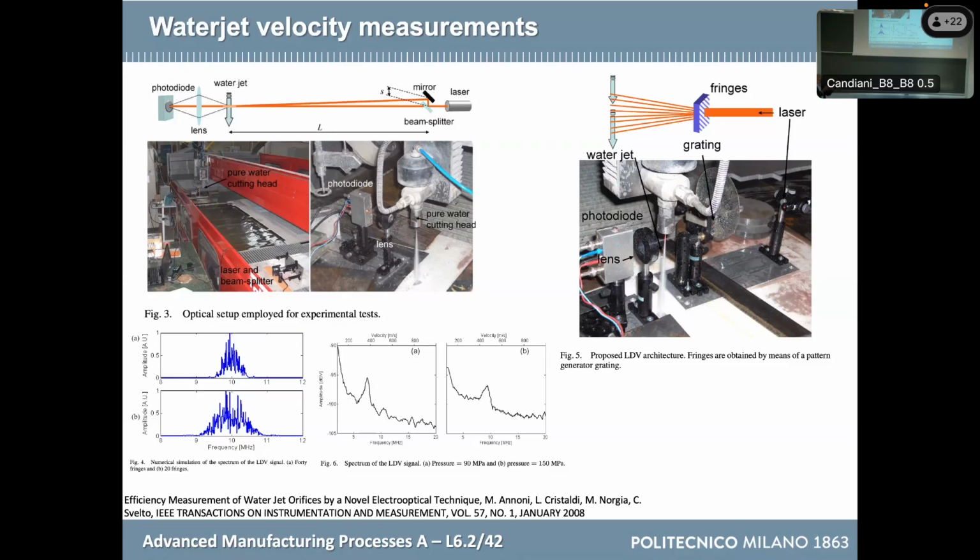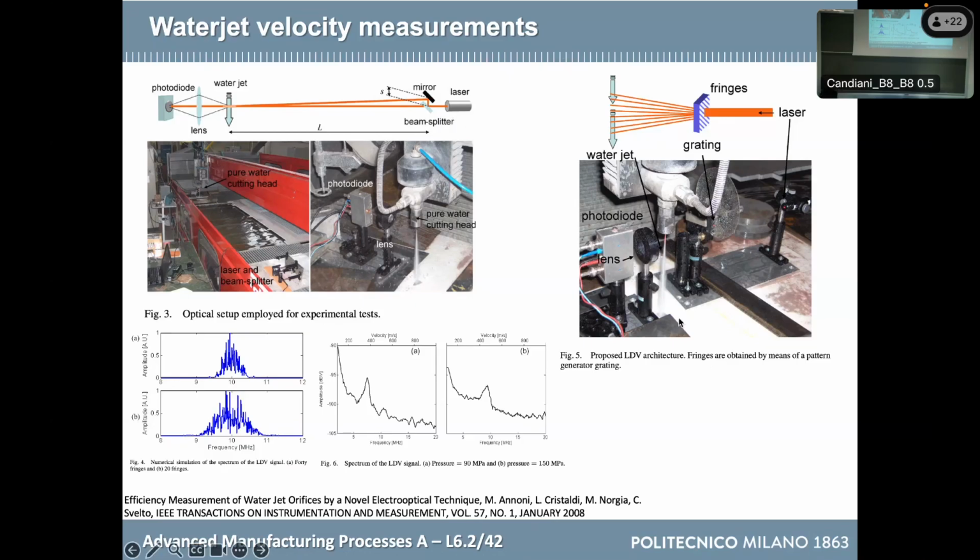So the disturbances of the jet, because here we didn't use any abrasive, the disturbances of the jet were creating a pulsing light. By measuring that pulsing light that had something to do with the distance of the fringes and the velocity of the jet, it was possible to calculate the velocity of the jet, because the distance between the fringes was calculable by knowing the geometry of the system.